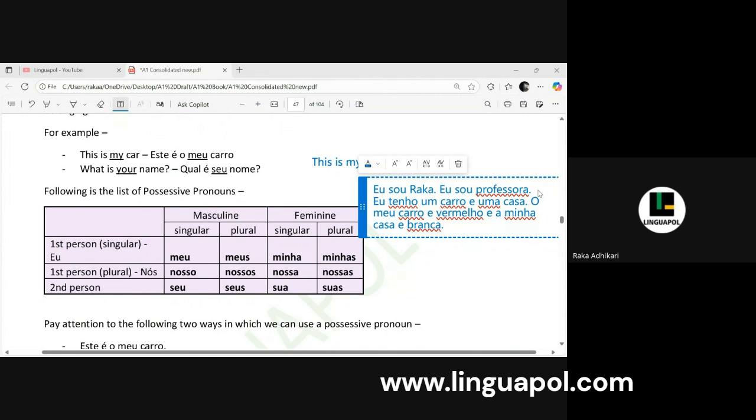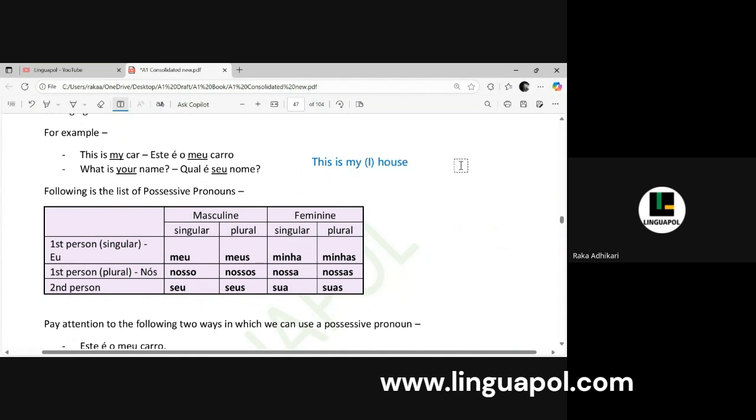So coming back to this topic, now let us see what all words we have for the single word my. In English, there is only one word, that is my. But in Portuguese, for the same word, we have 4 different words. We have meu, meus, minha, minhas. Why do we have 4 different words? Because in Portuguese, 2 factors come into play: gender and number.